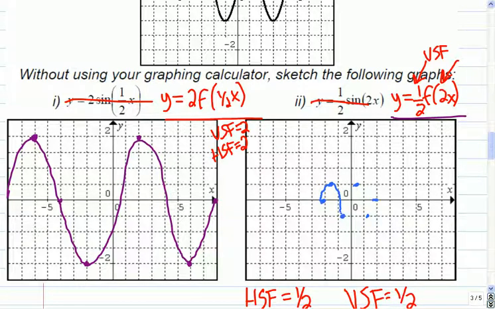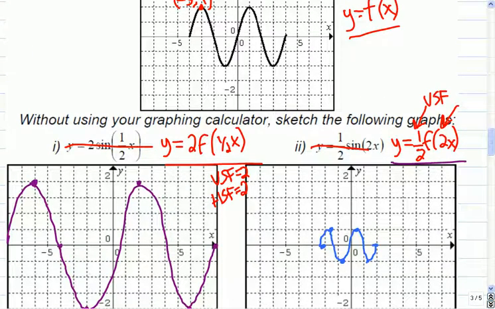Nope. One more time. Well, and again, if you compare it to the original, it is half as wide and half as tall.